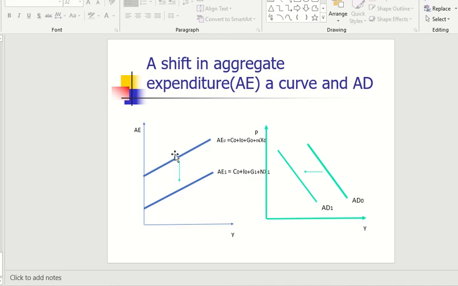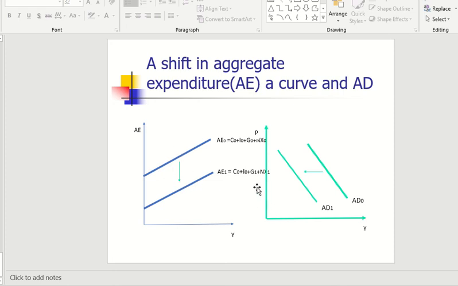So graphically, you are going to see a downward shift of the aggregate expenditure. Please note that this time, aggregate expenditure is now the sum of all four components. But now we have a smaller net export, so we have a downward shift, a decrease in aggregate expenditure.